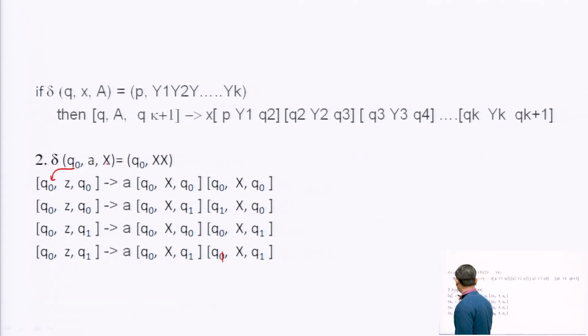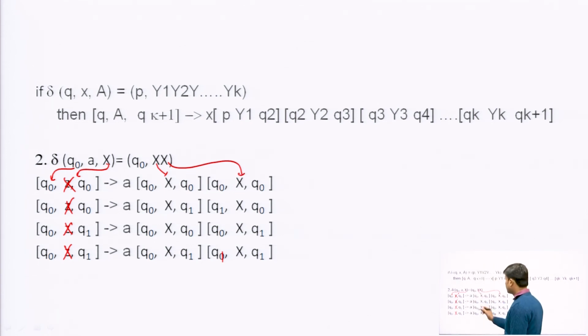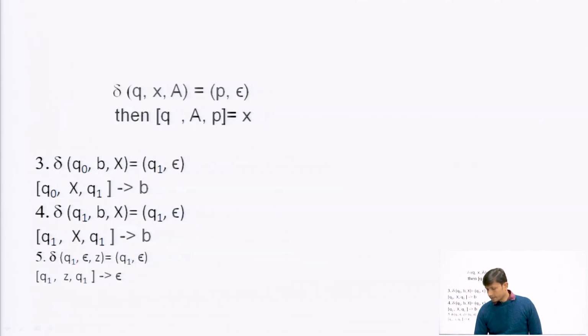So all the productions q0 x q0 are the same, we just have to put x here, and a is here and q0 is here. Whatever you have written previously, it will be the same thing.